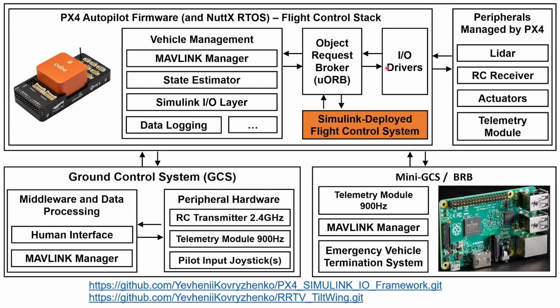You're going to have a whole bunch of peripheral sensors that are either built in or external, like LiDARs, receivers, obviously your actuators, whatever those are, as well as your communication modules. All of that is more or less managed automatically by PX4, and there's so much more to explain that is already outlined in the tutorials and documentation that PX4 has out there.